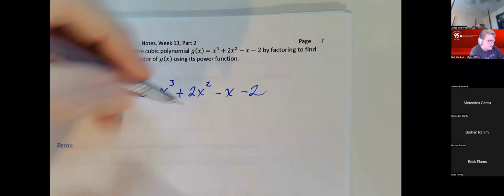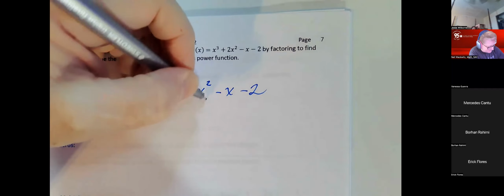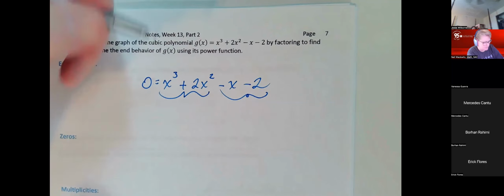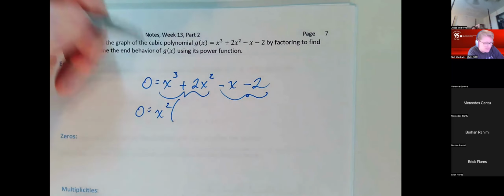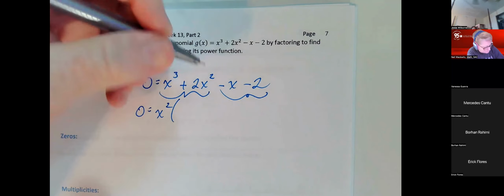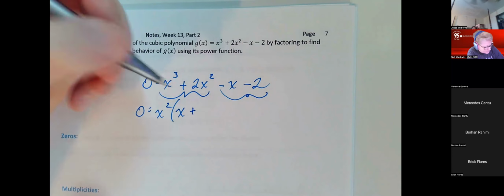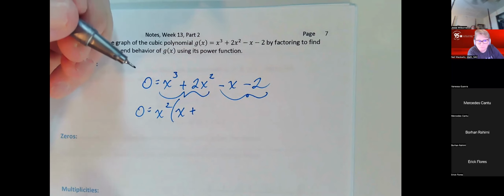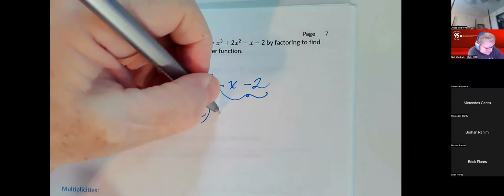And anytime we have 4 terms, we're going to factor by grouping. Good. What's common between x cubed and 2x squared? x squared. Good. And what's left? x. And the 2x squared divided by x squared leaves 2. We've got a negative in the middle.